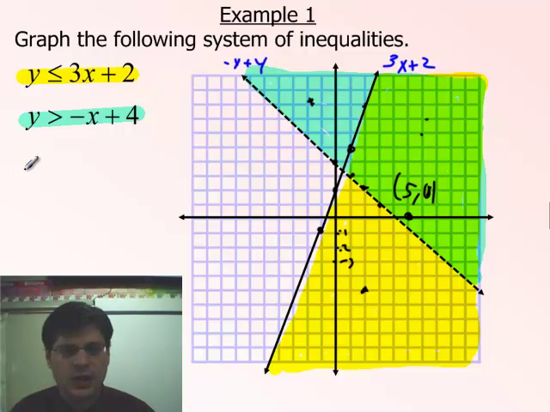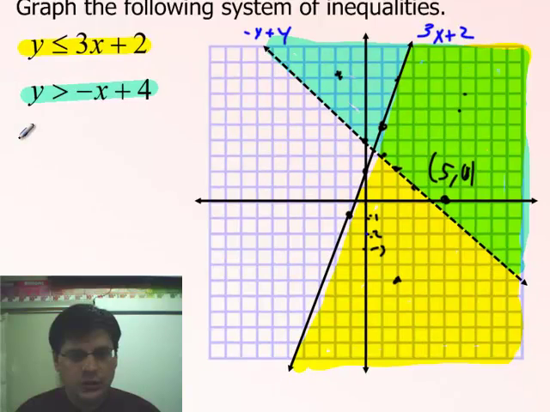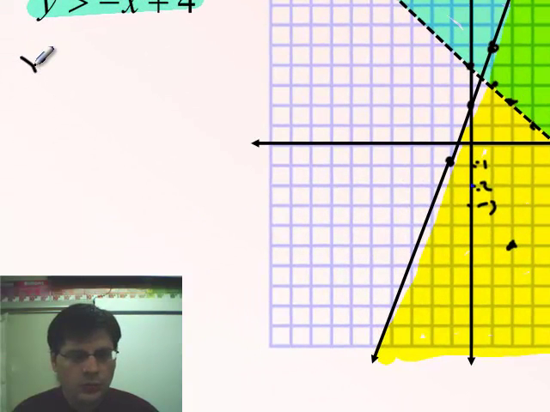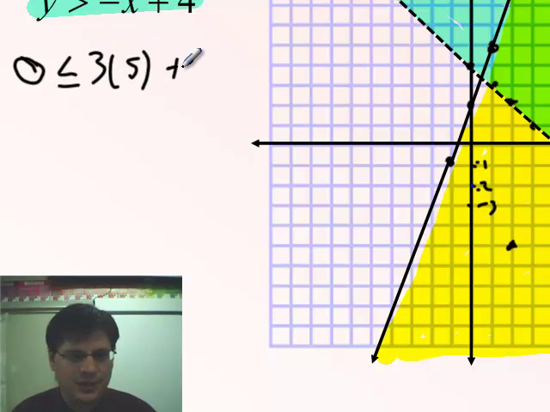For the first inequality, y is less than or equal to 3x plus 2, I'm going to plug in 0 for y: 0 is less than or equal to 3 times 5 plus 2. And that's going to leave us with 0 is less than or equal to 15 plus 2.